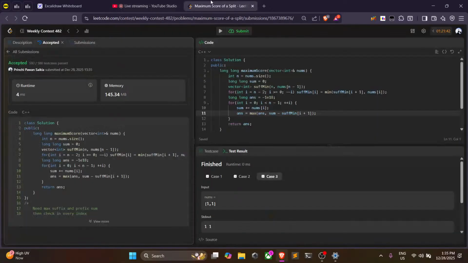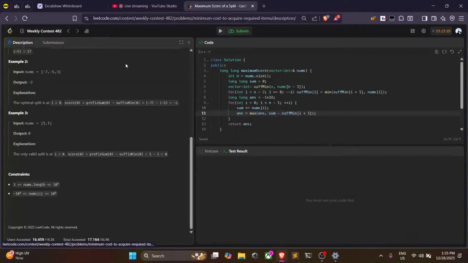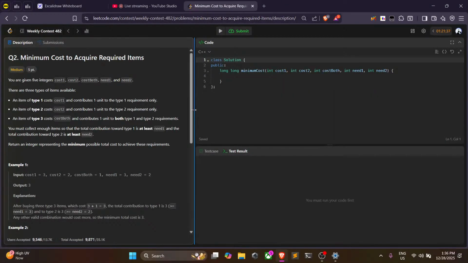Okay. Let's go to the next problem. So you are given five integers: cost1, cost2, costBoth, and need1 and need2. There are three types of items available. The item one costs this much and contributes one to the type one requirement.